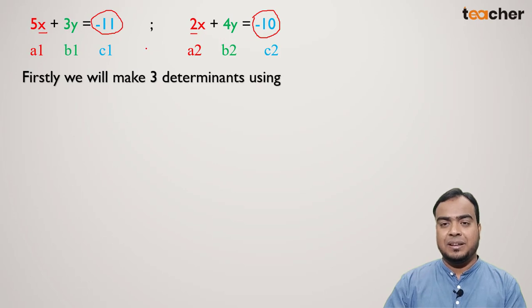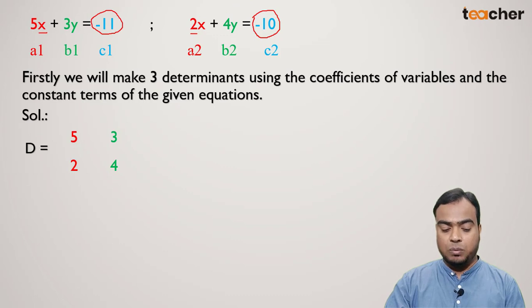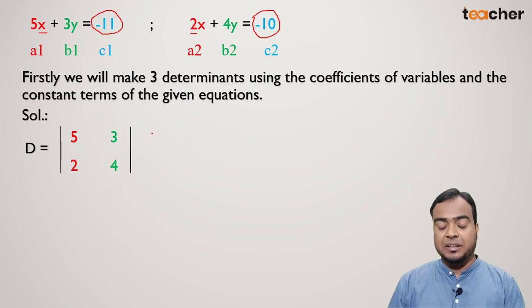How to find them? Let's see. First of all, we will form a determinant with the name D. In this determinant, we will write the coefficients of the x and y variables. As you can see, the first row of this determinant represents the coefficients of x and y from the first equation, and the second row represents the coefficients of the variables from the second equation, and this will be represented in straight lines called mod.